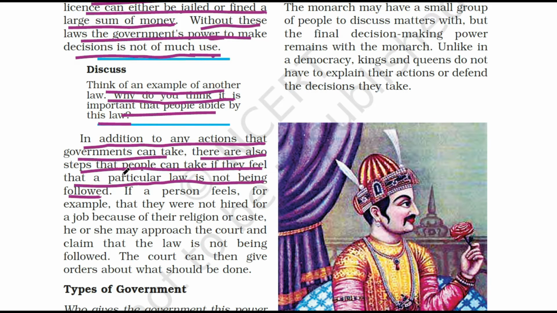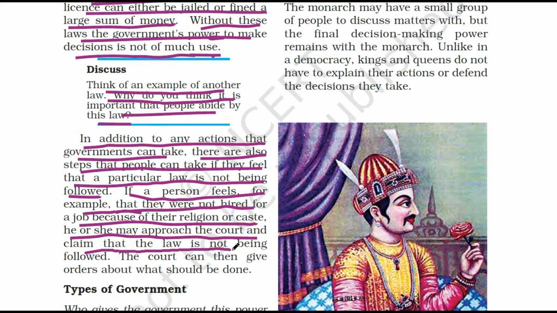And if a person feels, for example, that they were not hired for a job because of their religion or caste, he or she may approach the court and claim that the law is not being followed.